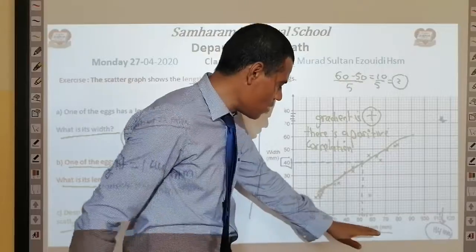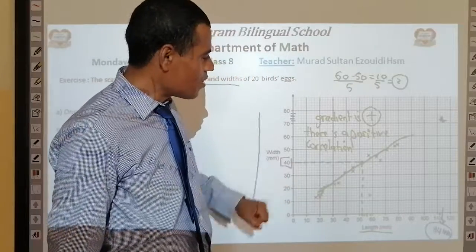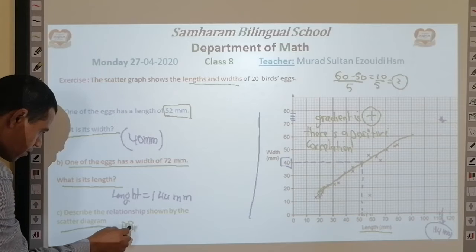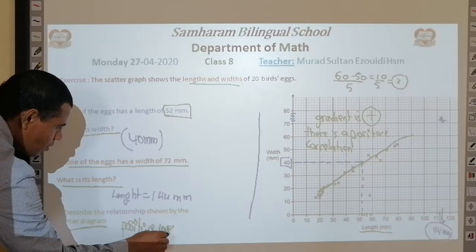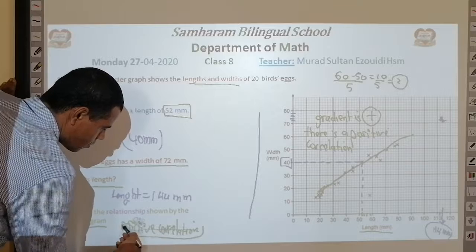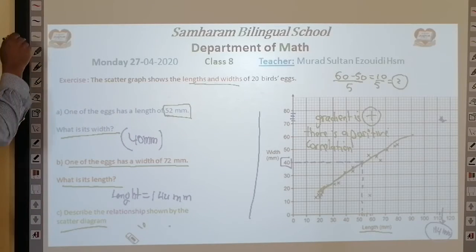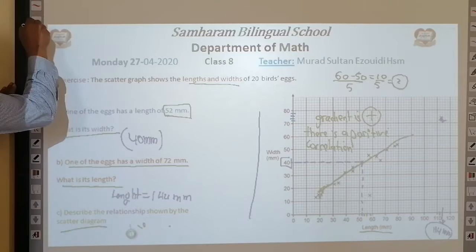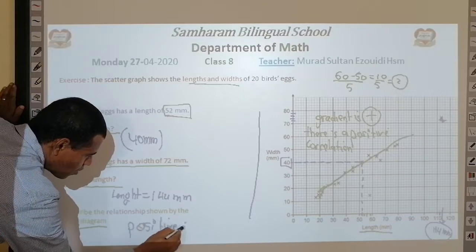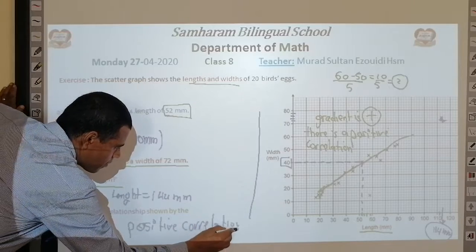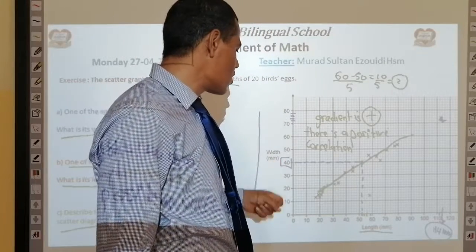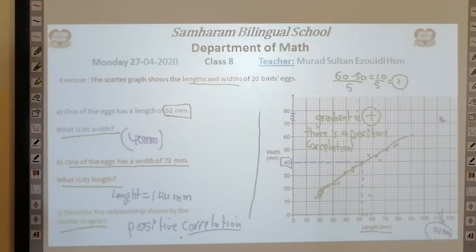Simply because when the length is increasing, the width is also increasing. Positive correlation means when the length is increasing, the width also is increasing.